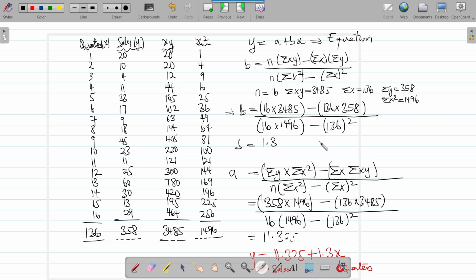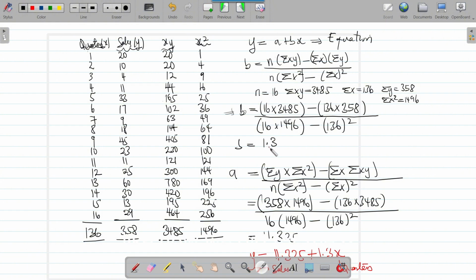Okay. Having established B, let's find A, which is this particular variable. That is also given by the formula: sum of Y times sum of X squared minus sum of X times sum of XY, over N times sum of X squared minus sum of X all squared.